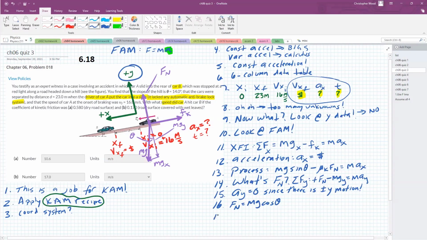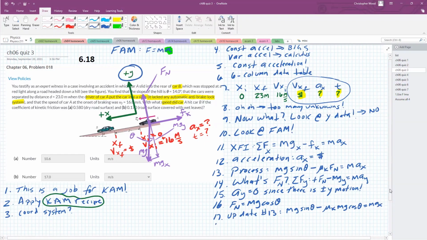That should be pretty straightforward at this point. Now let's update number 13. Here's my new and improved number 13: mg sine theta minus mu sub k mg cos theta equals MAX.